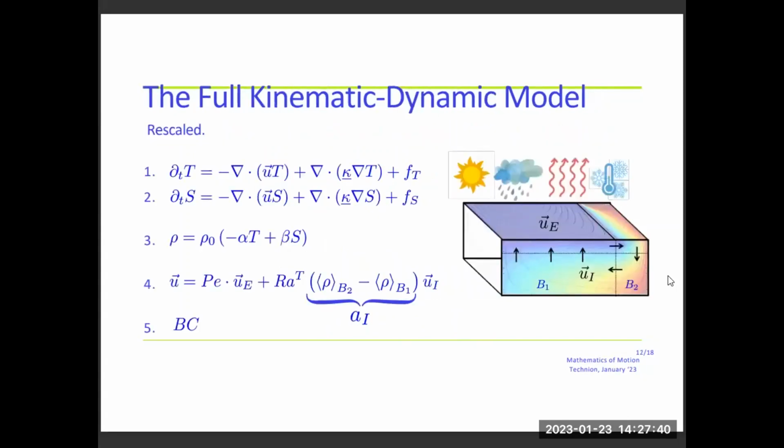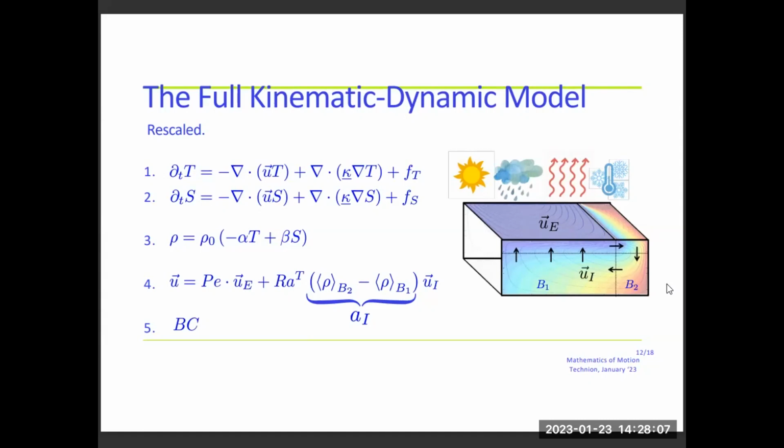Okay, so what is the full kinematic dynamic model? We want to talk about the advection and the diffusion of temperature and salinity. So we just take the advection diffusion equations for temperature and salinity, with advection, diffusion, and sources. If this were just a linear model, it would not be interesting.